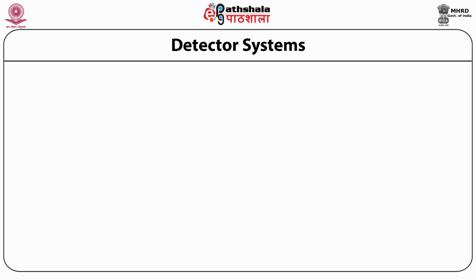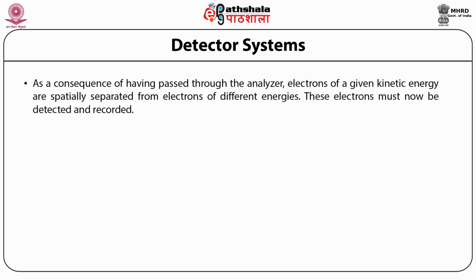The detector system. As a consequence of having passed through the analyzer, electrons of a given kinetic energy are spatially separated from the electrons of different energies. These electrons must now be detected and recorded together with information which determines their energy, such as the electrostatic or magnetic fields applied to the analyzer.